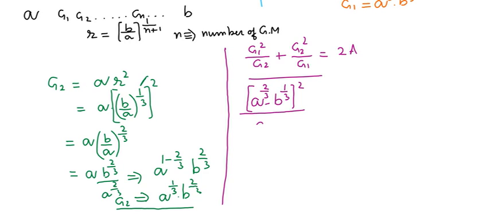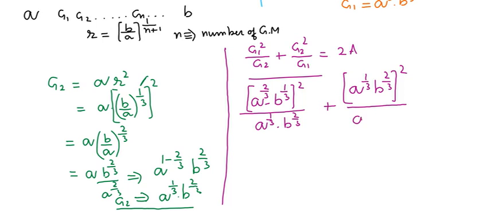G2 is a raised to the power 1 by 3 into b raised to the power 2 by 3, plus G2 square, where G2 is a raised to the power 1 by 3 b raised to the power 2 by 3, whole square, upon G1. G1 is a raised to the power 2 by 3 into b raised to the power 1 by 3.